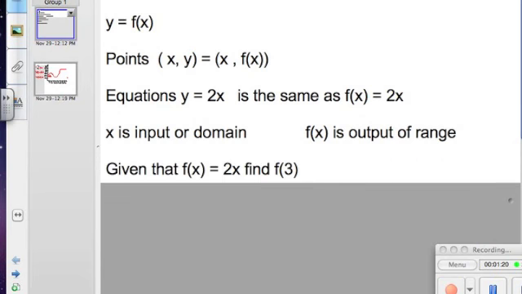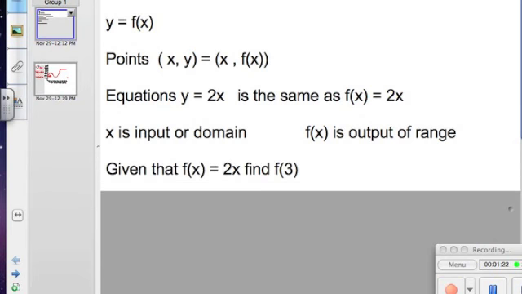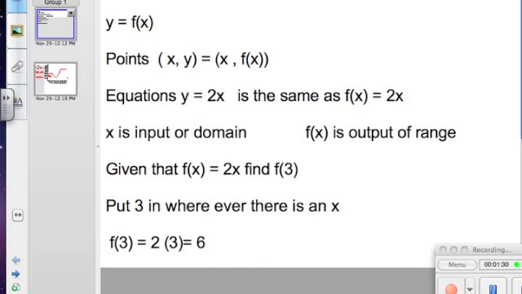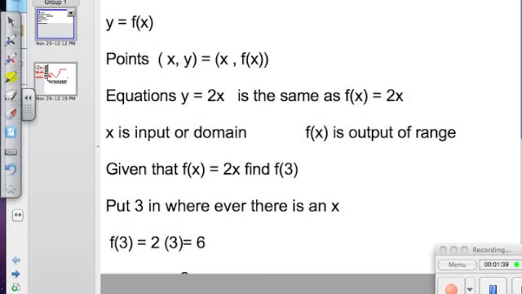Okay, let's look at an example. Given that f of x equals 2x, find f of 3. And that's where we get into this. Everywhere that there's an x in f of x, you're going to put a 3. Let me get a pen out here. We'll use red.